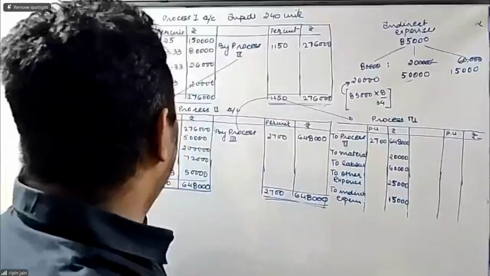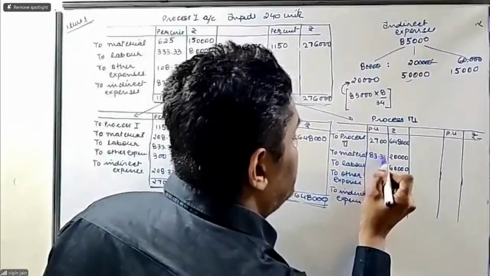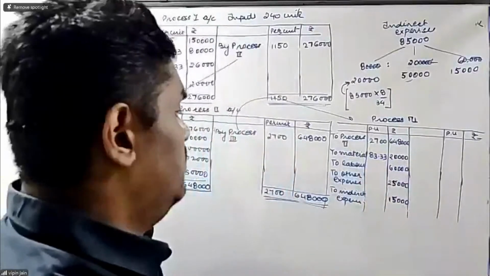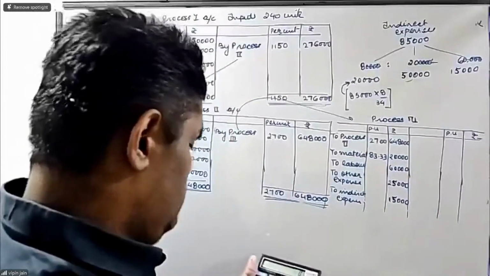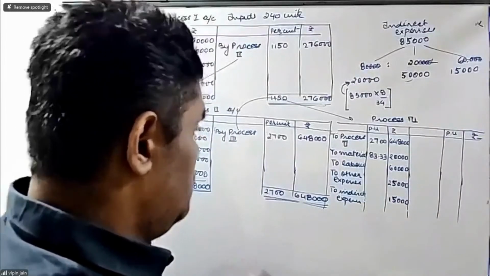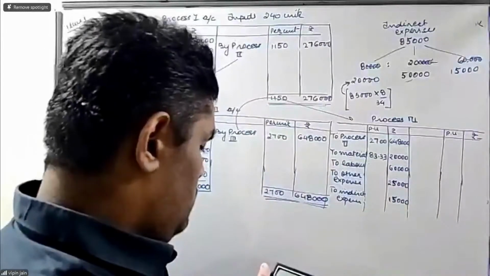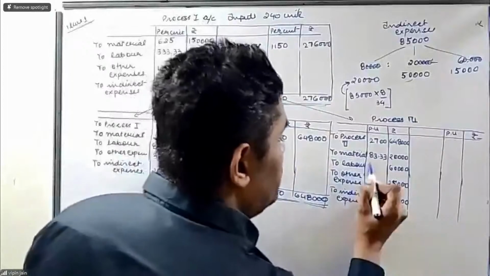Everything divided by 240. So this will be 83.33. This will be 250.